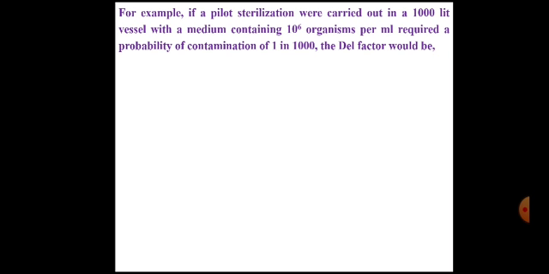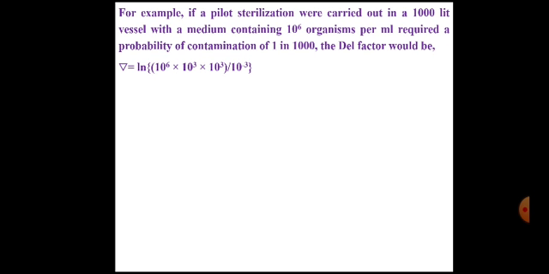That means the value of NT will be 10 raised to minus 3, which is considered. In this case, the Del factor will be, you can calculate it on your own. We know the formula. So here Del factor will be equal to log of N0 by NT. So we'll replace the value of N0. What is N0? Initial number.